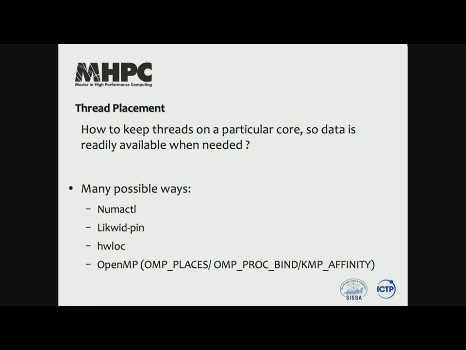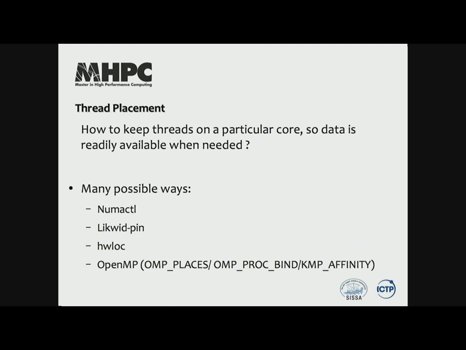Of course, to do this kind of operation, you need some tools. There are many possible ways. numactl was the one that we used for a lot of time. Now we are starting to use likwid-pin, and we are also using hwloc, which I forgot to ask Michele to install on the cluster. So we will try to use likwid-pin.